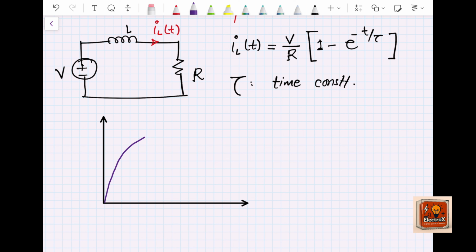It rises exponentially and reaches a fixed constant value, which is equal to the voltage source divided by the equivalent resistance of the circuit.